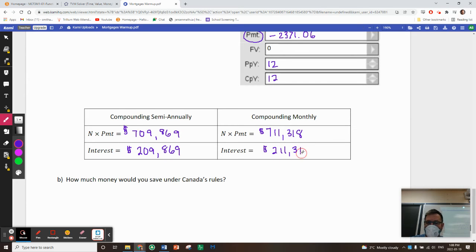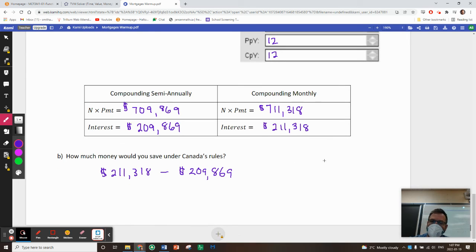The American bank would make $211,318 of interest, and we can make an apples to apples comparison by just subtracting the interest from both. So that's what we'll do, and then this warm up is complete. 211,318 minus 209,869. I'll shift this up a little bit.